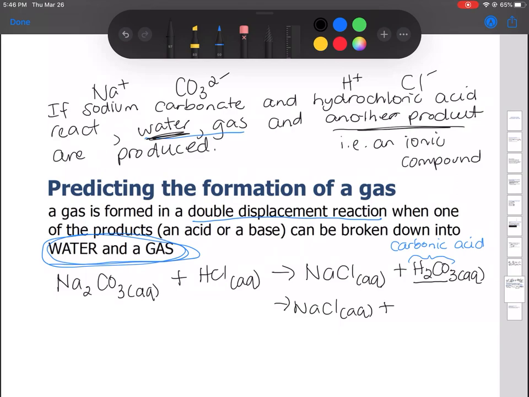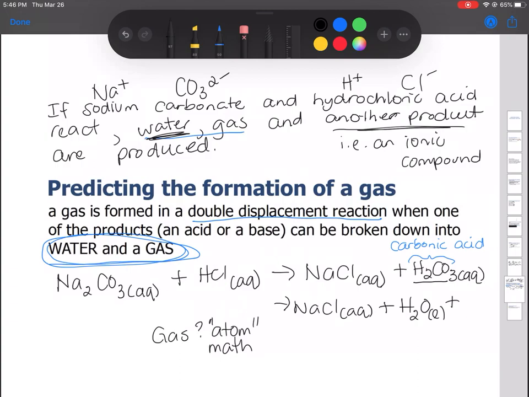Okay, then what we're going to do is break down this carbonic acid. So it says water. Okay, so water's formula is H2O. Whether you put aqueous or liquid, that really doesn't matter. And then when you're trying to figure out the gas, you're going to do atom math.